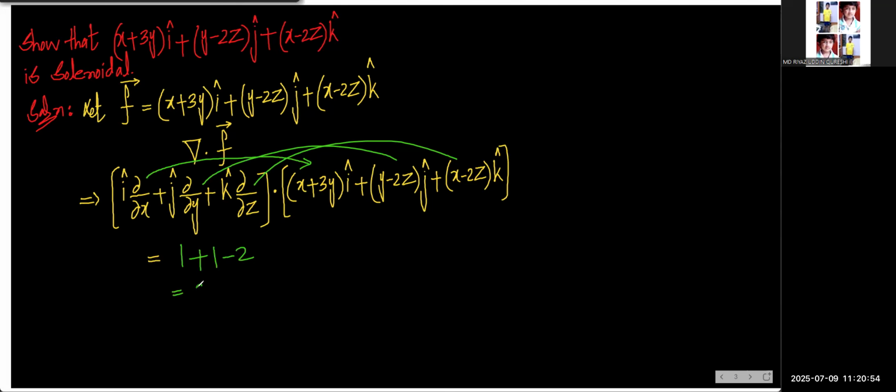So we get 1 plus 1 minus 2, which is equal to 0. Del dot f is equal to 0, which implies f is solenoidal.